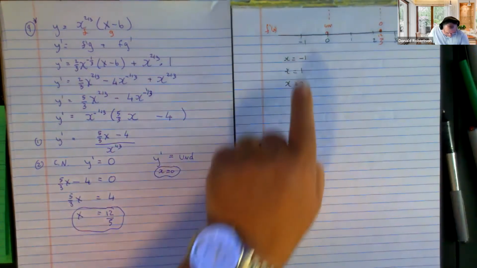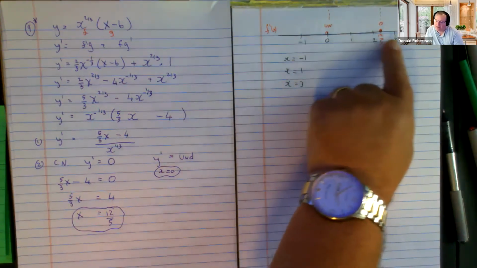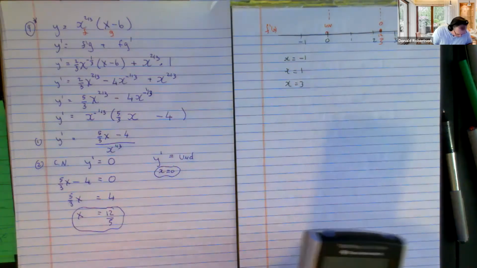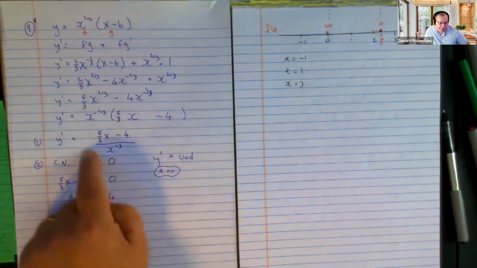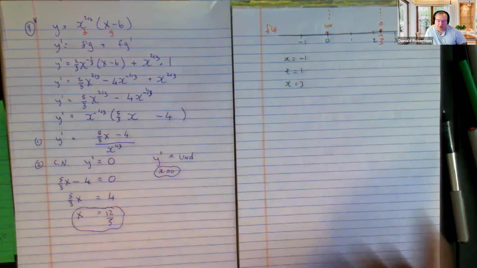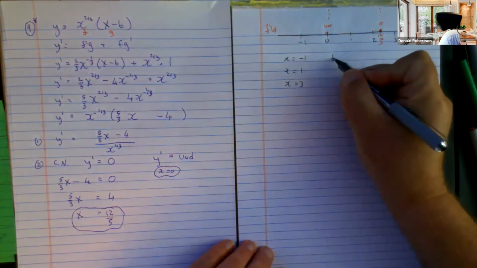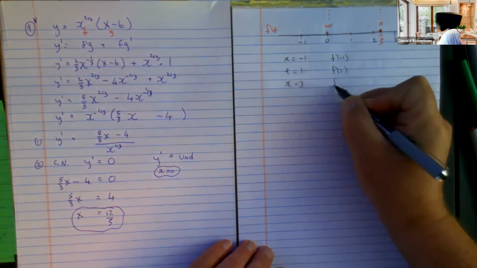Does that seem reasonable? Pick that guy, pick this guy, and I'm going to pick that guy. And what I'm going to then do is evaluate the derivative, which is this guy, at each of these points, and I'm going to find out if the derivative at these points is positive or negative.